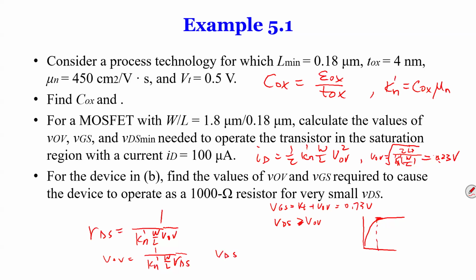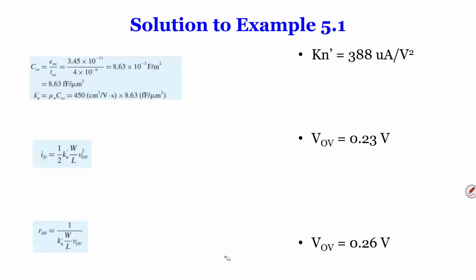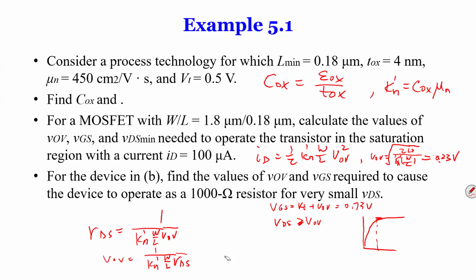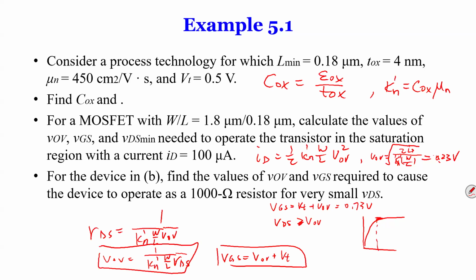It's a little bit difficult to find because this is in triode mode. VGS is going to be VOV plus VT. So that's the equation we use to find VGS, and this is the equation we use to find VOV.